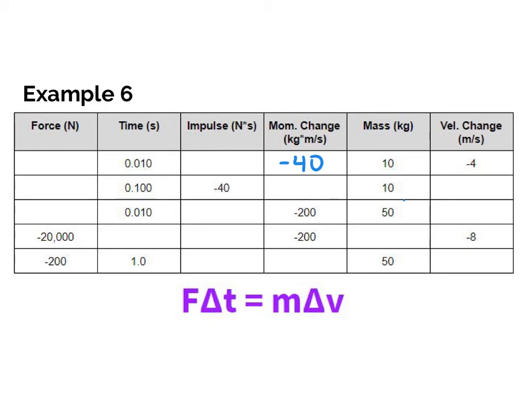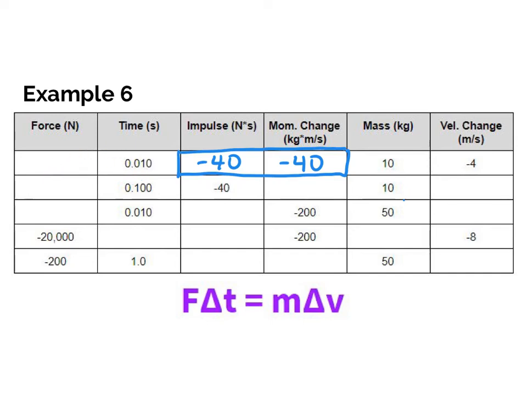So the idea is that whatever my impulse is, it's going to be the same as the momentum change. It's like the cause and the effect. So if this is negative 40, then that means the impulse is negative 40. Now, impulse is caused by a force and a time. So if the time of that momentum change was 0.01 seconds, what force would cause that impulse?